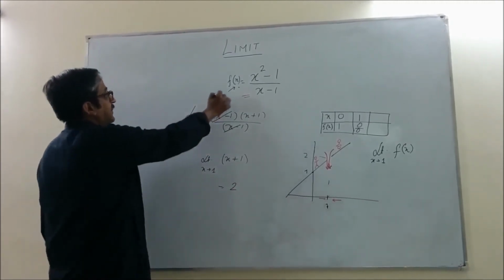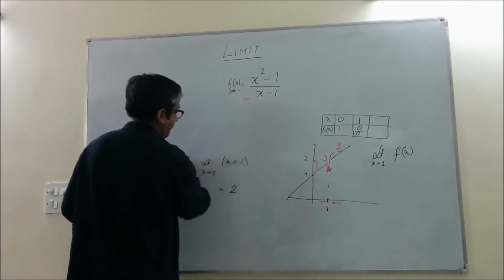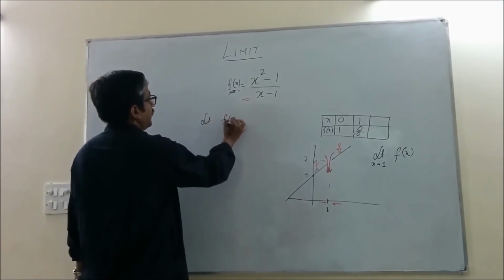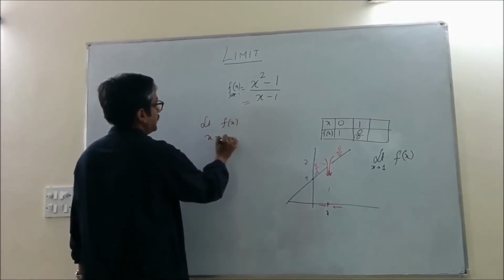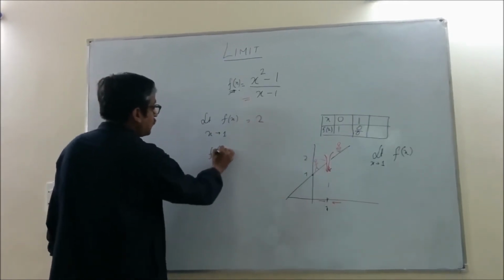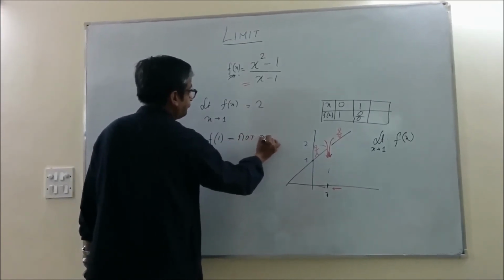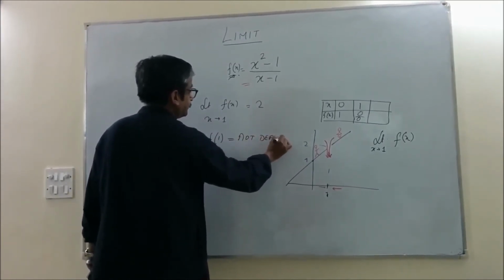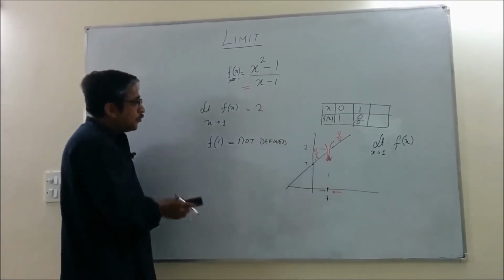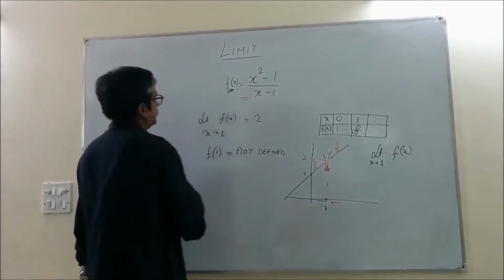So we say limit of this function as x tends to 1 is 2, but if at 1 it is not defined, that is the main motivation behind understanding limits of certain functions.